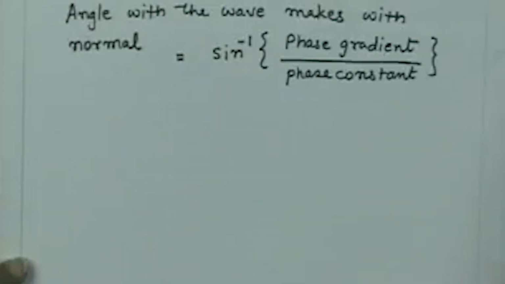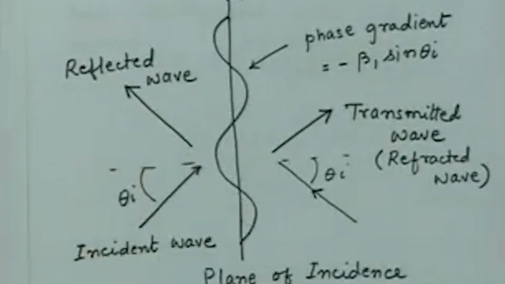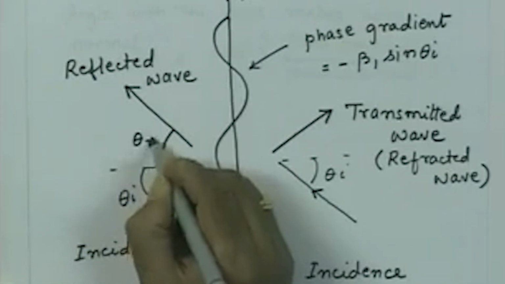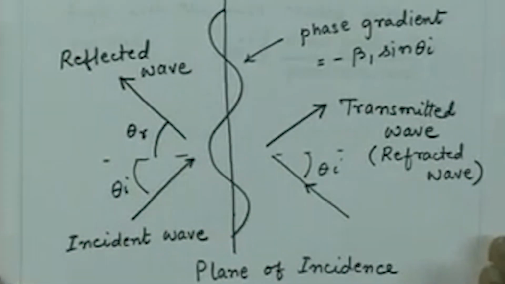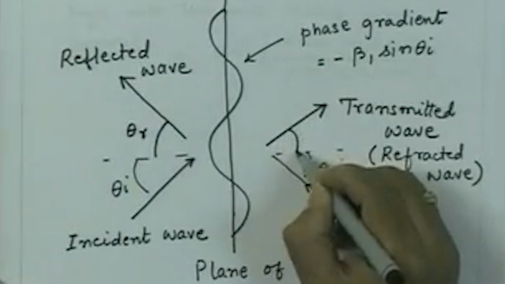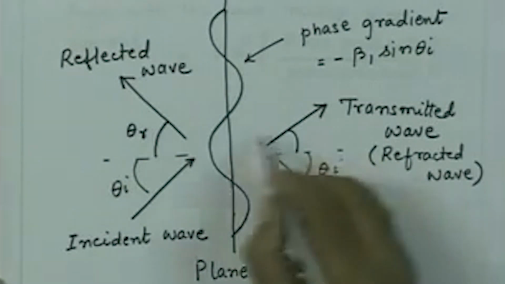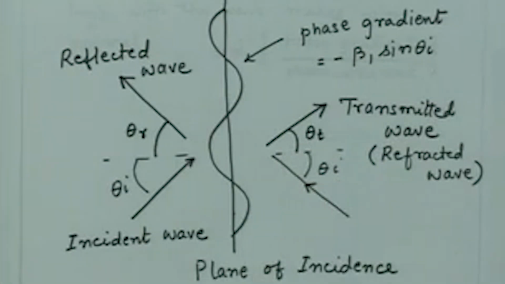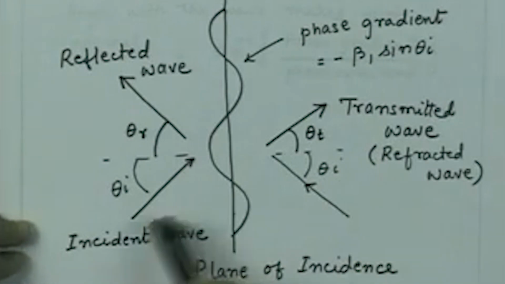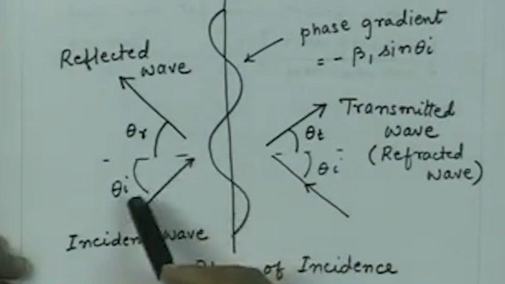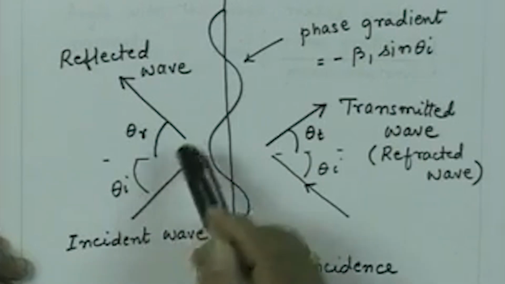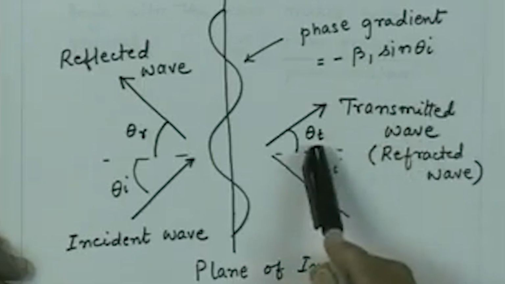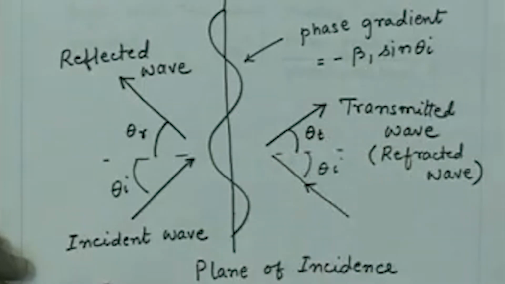So in this case, in medium 1, let us say the angle at which the reflected wave goes is denoted by theta r, the angle of reflection, and let us say the wave which goes in this medium is given by theta t, we call it the transmission angle. So we have a situation where the incident wave is at an angle theta I with respect to the normal, the reflected wave is at an angle theta r with respect to the normal, and the transmitted wave is at an angle theta t with respect to the normal.